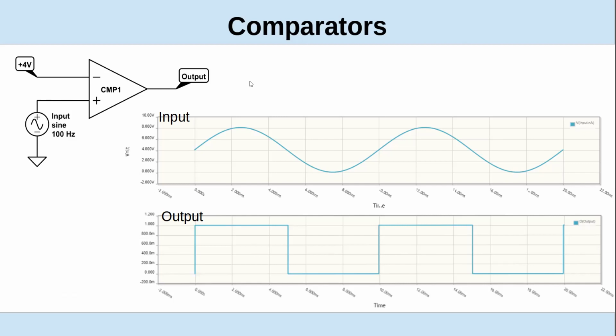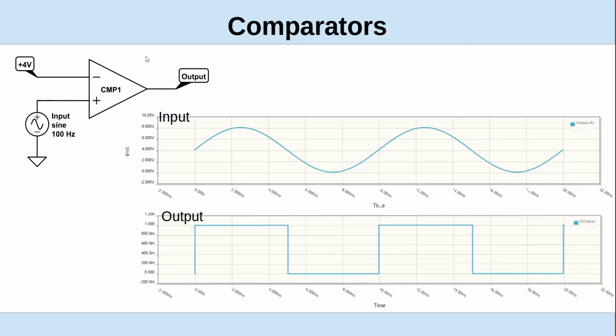Now, it could go up to 5 or 6 volts, but it's telling you that it crossed the 4-volt threshold in this case. And this doesn't have to be fixed. You can have that as a variable, depending on what you're looking for in the circuit.